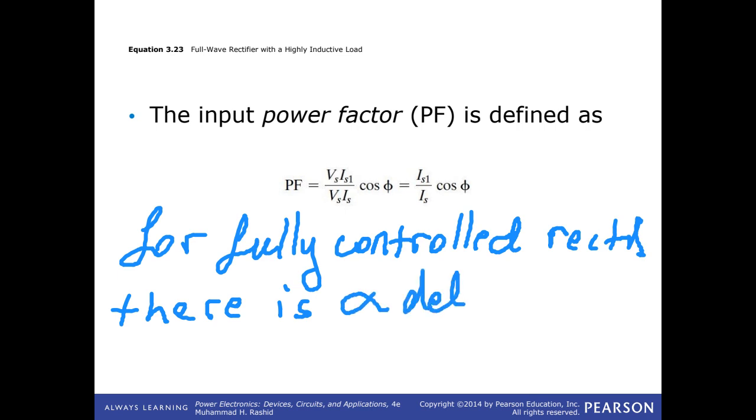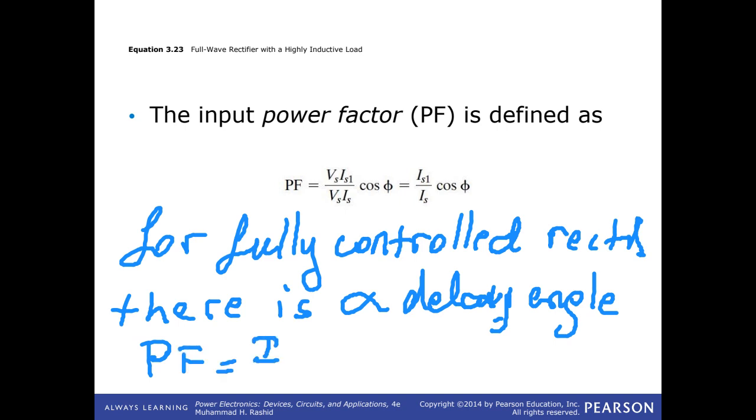Delay angle. Then power factor is IS1 over IS.